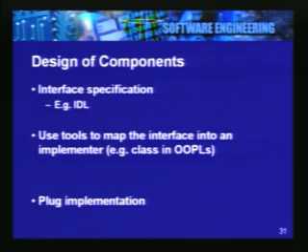So these are the three main steps. When you design the components, you first think of the interface, and then when you want to provide the component's implementation, you map this interface into the implementer, which is mainly a skeleton in a given language.